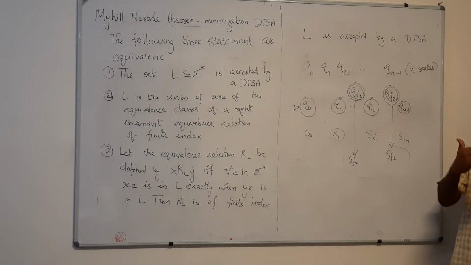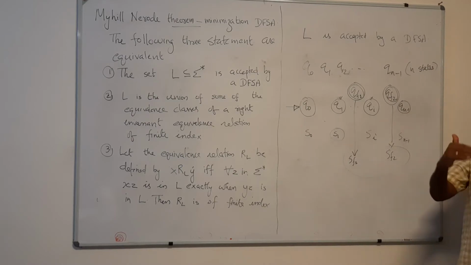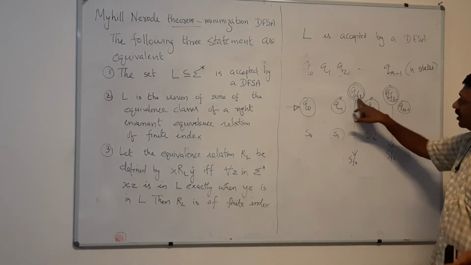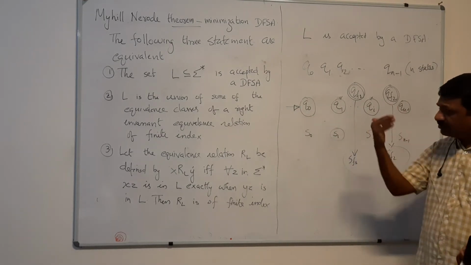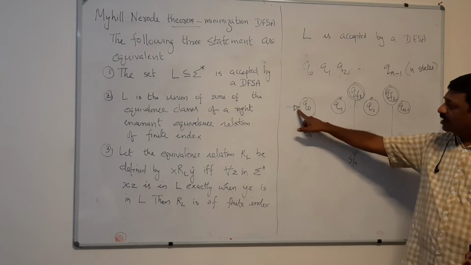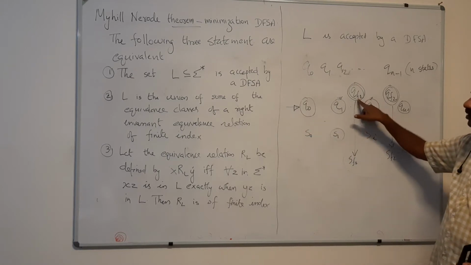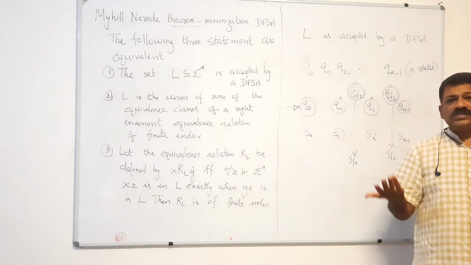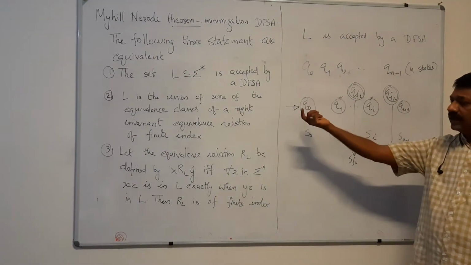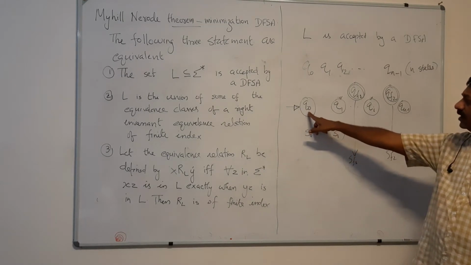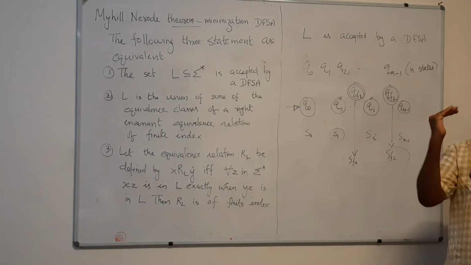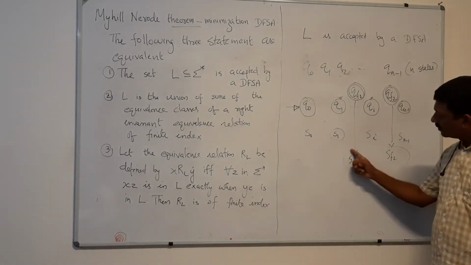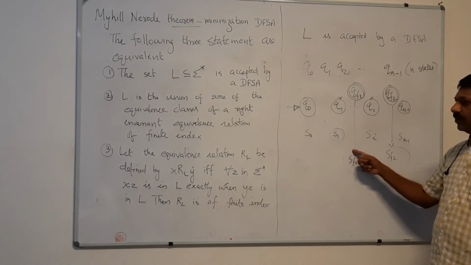For some strings, the control reaches from q0 to qf1 on processing certain input. Suppose the input string is w. After reading the entire string, the finite control reaches qf1, so w belongs to your language, represented by the equivalence class sf1.